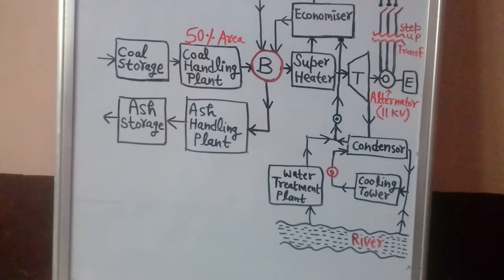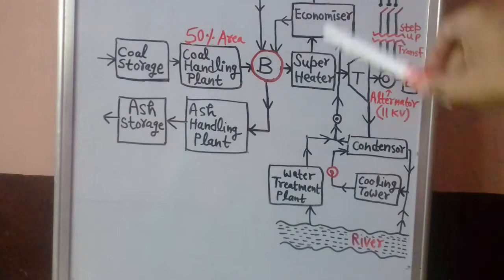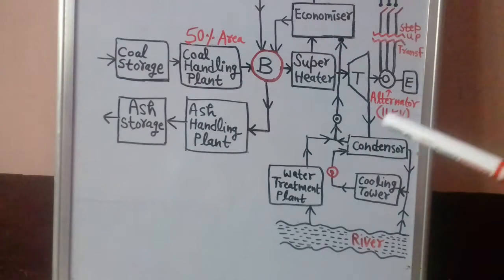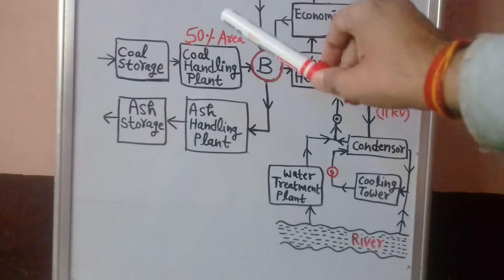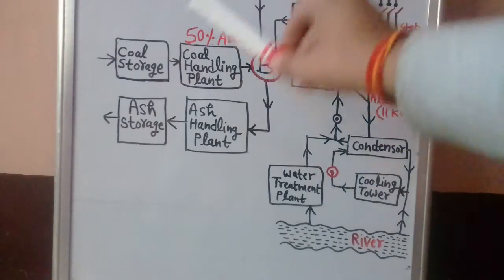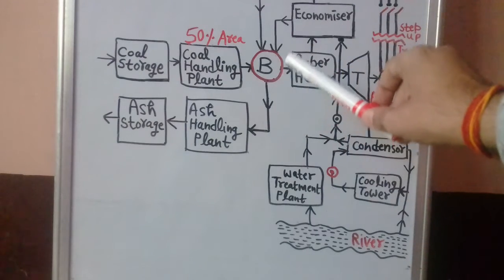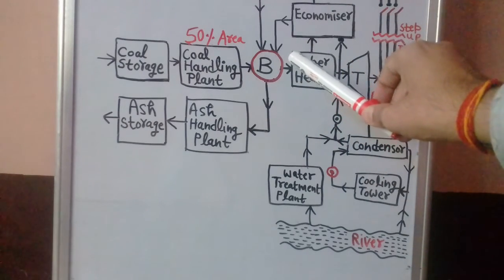Suppose this thermal power plant is of 100 megawatt capacity, and it is operating at 50% load factor. Then it may burn around 20,000 tons of coal per month.